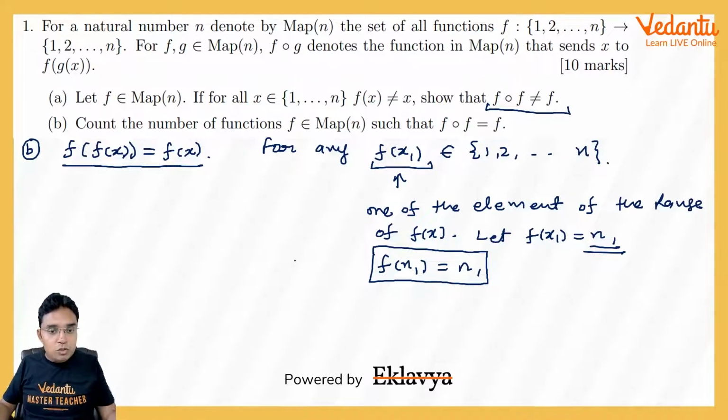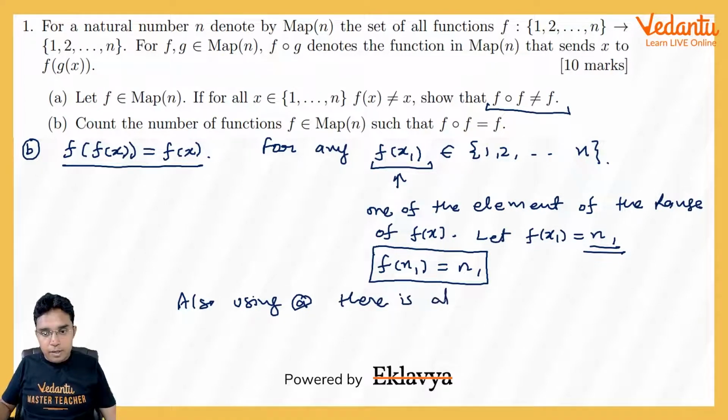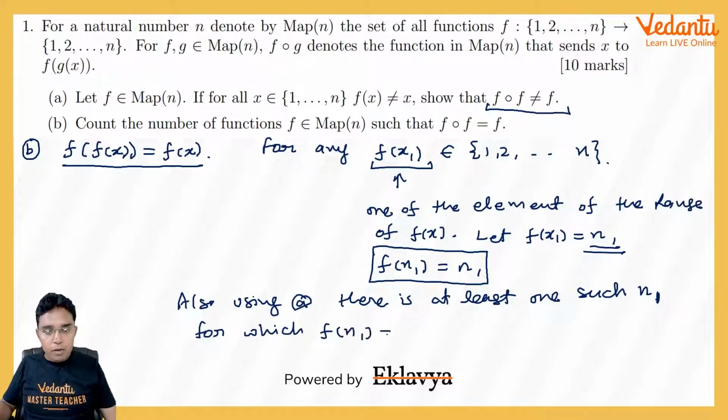So also, using the A part, I can say there is at least one such n1 for which f of n1 will be equal to n1.